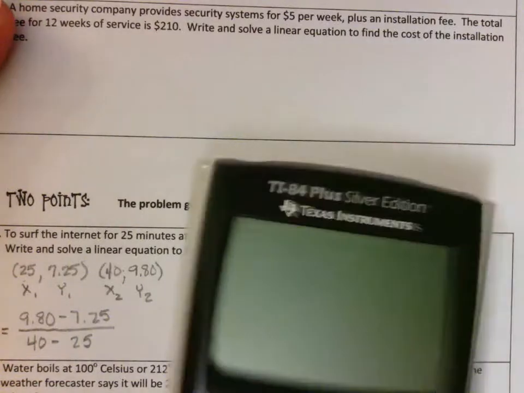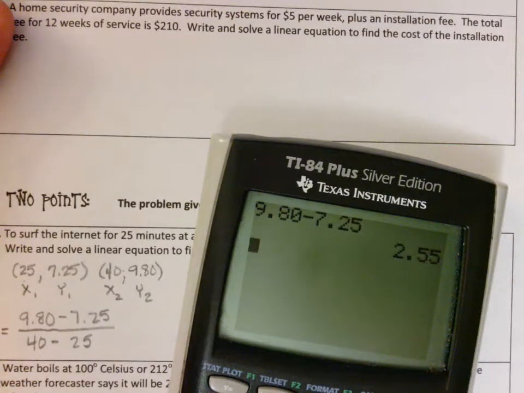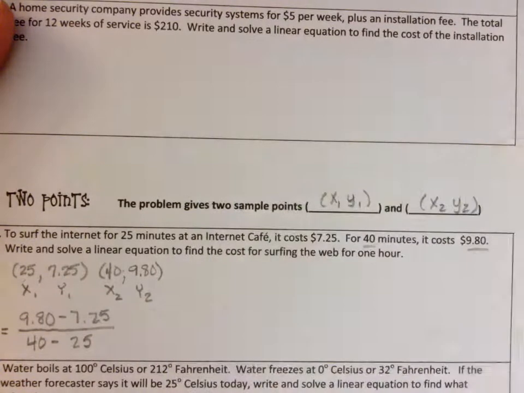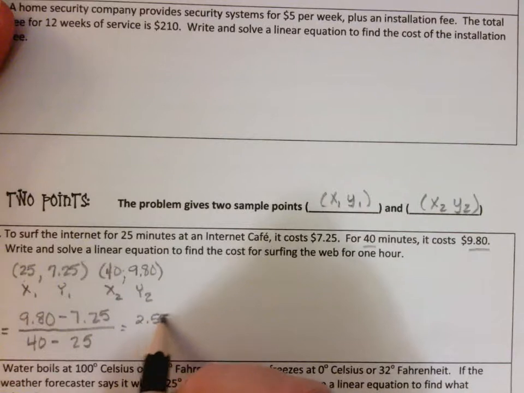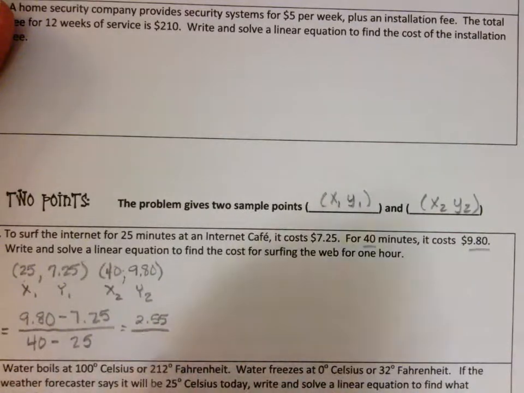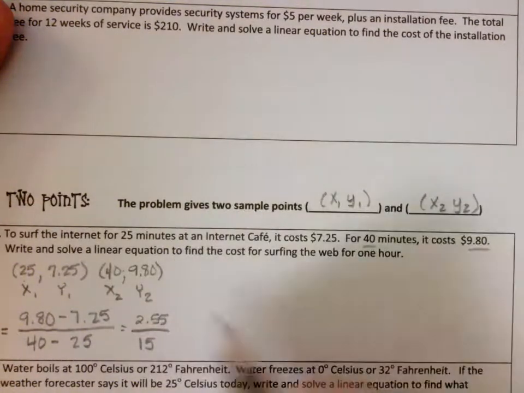So I'm going to use my calculator to make my calculations just a little faster, and I'm going to say $9.80 minus $7.25 is $2.55. And this looks like it's 15. So 255 divided by 15 is equal to 0.17. Looks like my slope is 0.17.